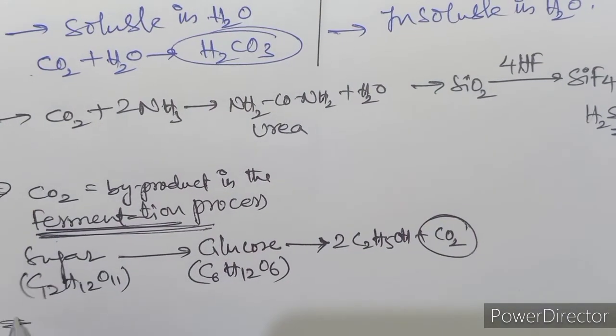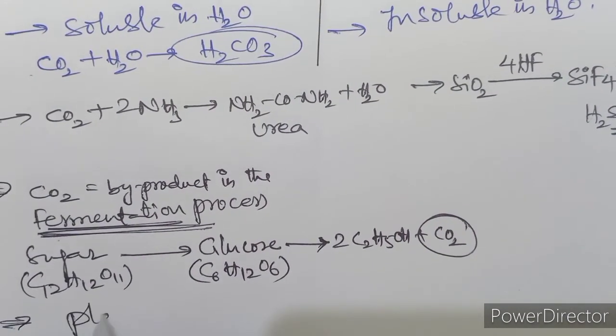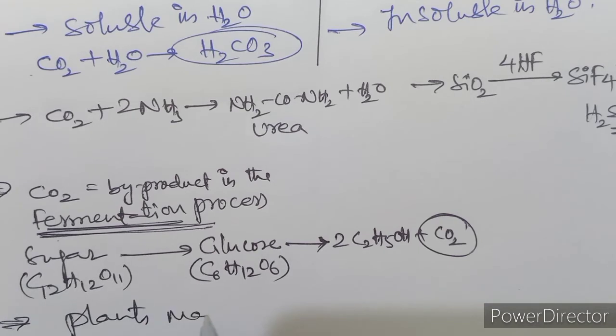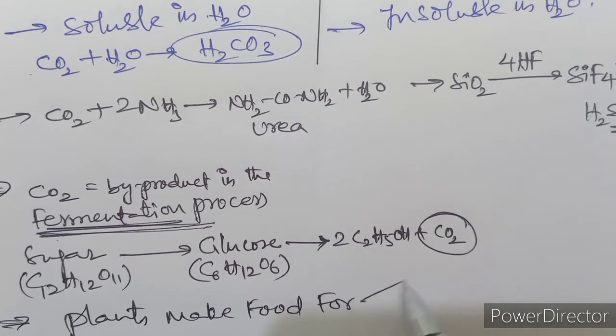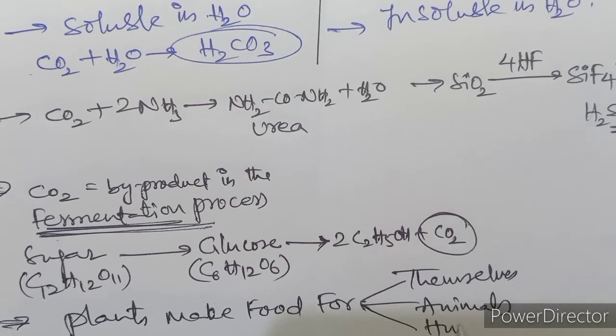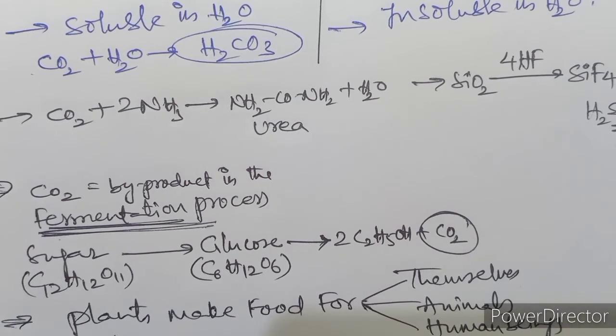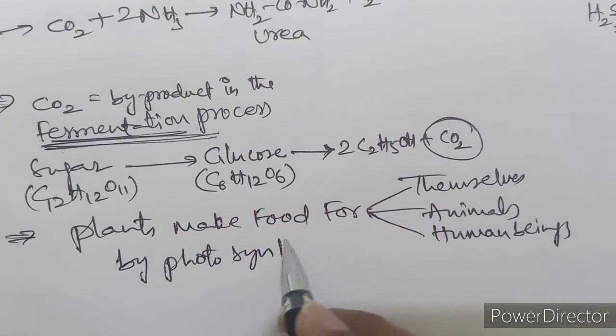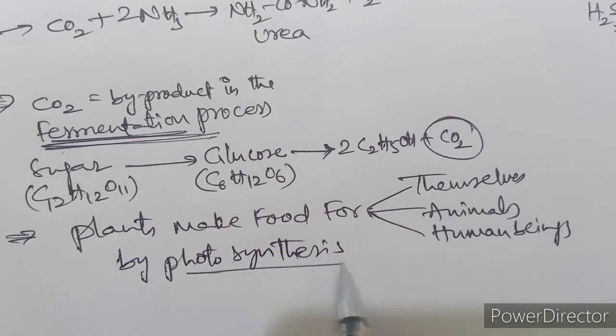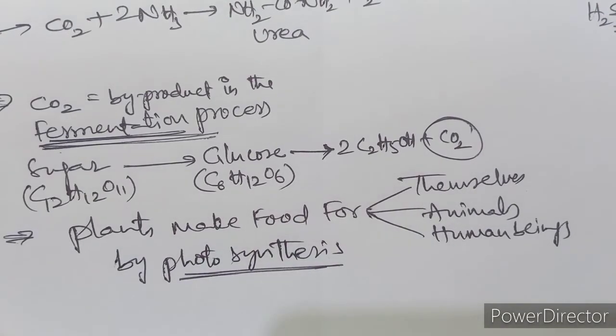And also, plants make food for themselves as well as for animals and human beings by a process called photosynthesis.